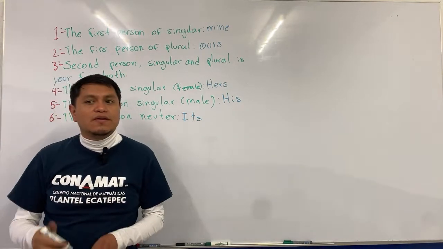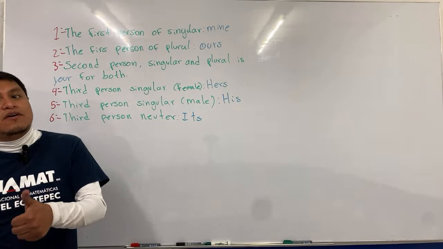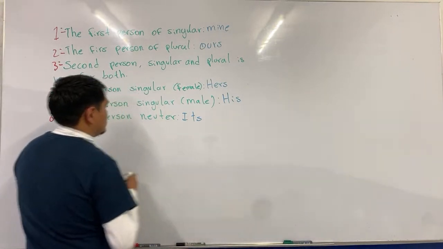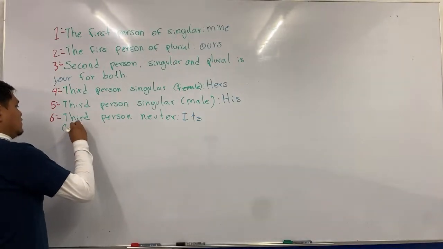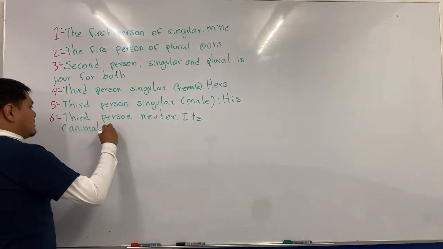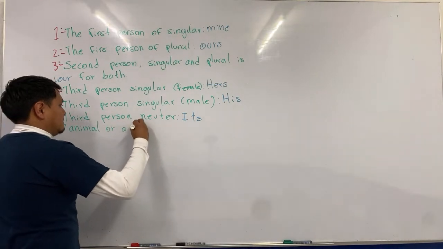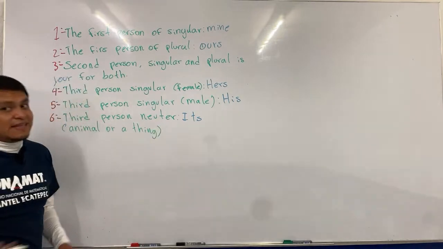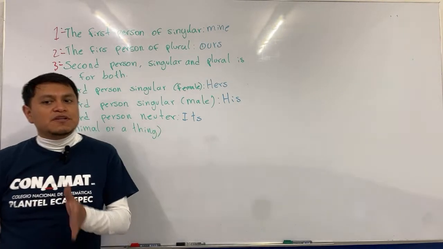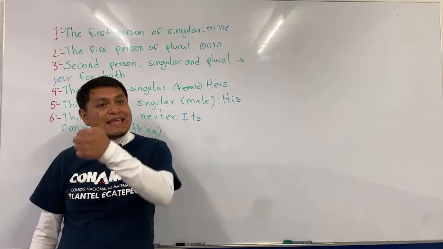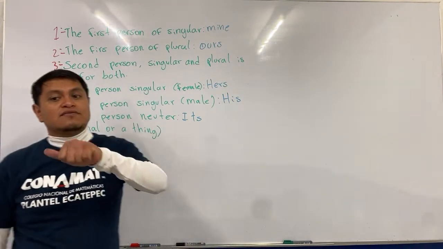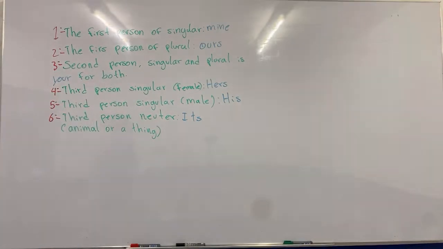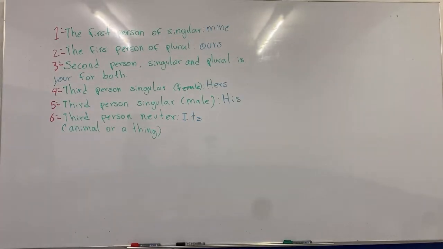Without apostrophe. For animal or a thing and stuff like that. The possessive expresses possession of the subject it. It's for it, right? This is the person and seven.